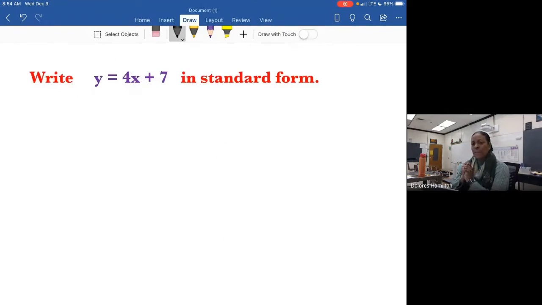But you'll notice that most of the equations that we work with have slopes other than 0 and undefined. So in this problem, we're just asked to put that equation in standard form. I'm hoping that we identified that right now it's in mx plus b form. That's slope-intercept form. We want to have it so that it's ax plus by equals c.